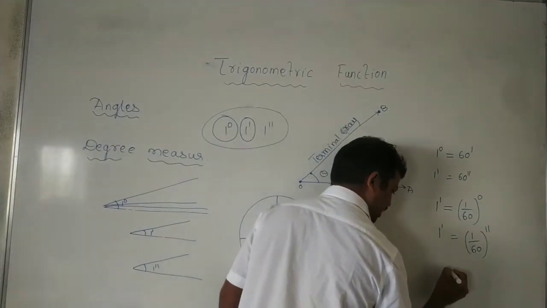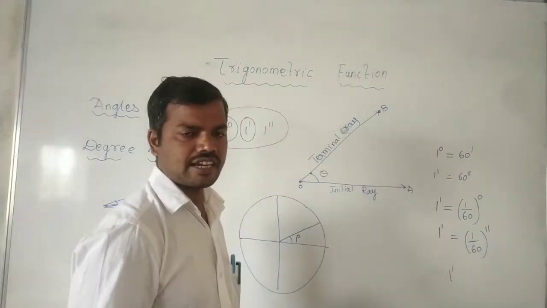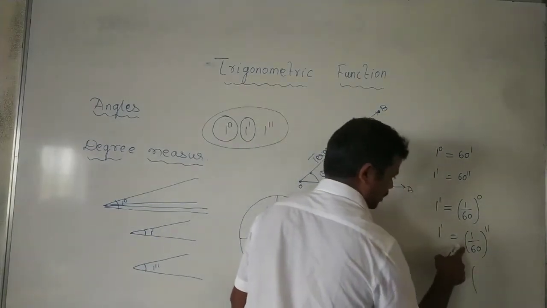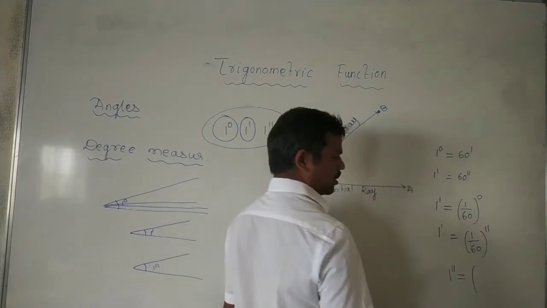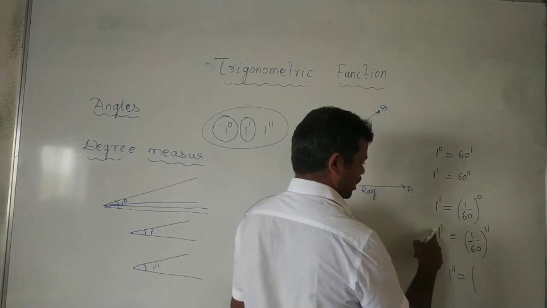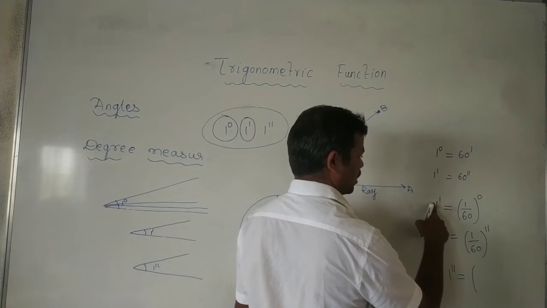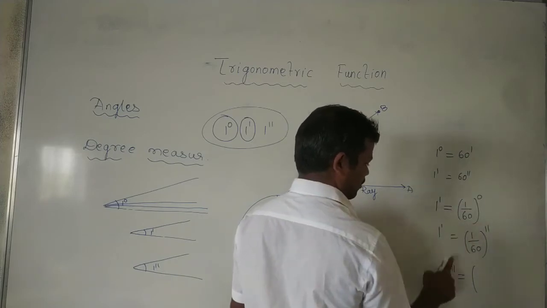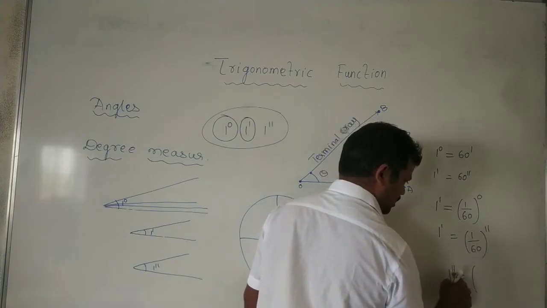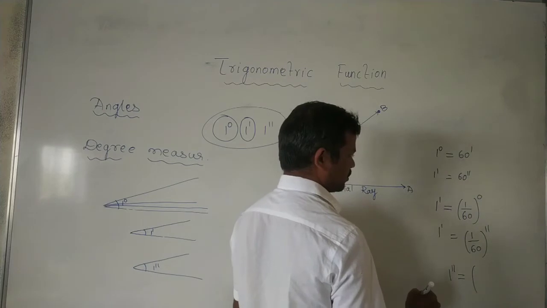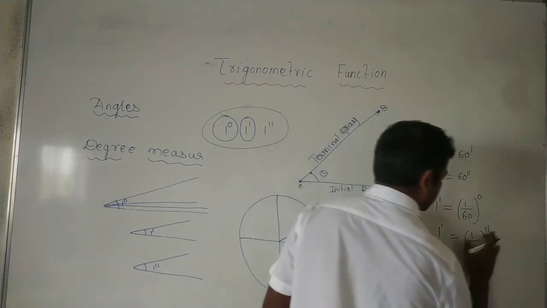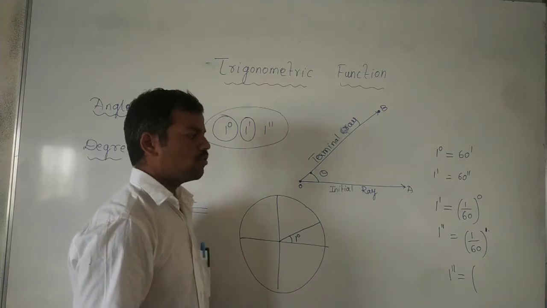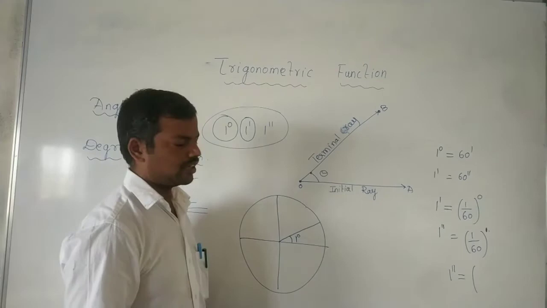So next, 1 second is equal to how many degrees? 1 minute is 1 by 60 degree, and 1 degree is 60 minutes. So 1 second is equal to 1 by 60 minute.